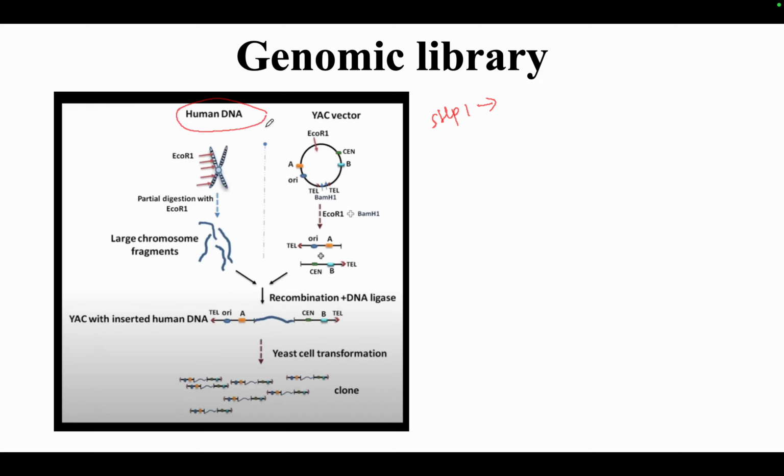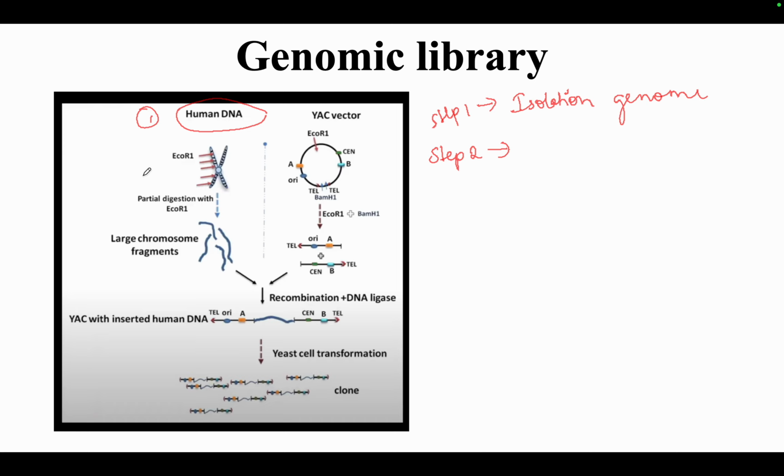So let's say we have a human genome. So the first step is isolation. Here we have human DNA. So isolation of the genome is the first step. First we need to have the whole genome with us.